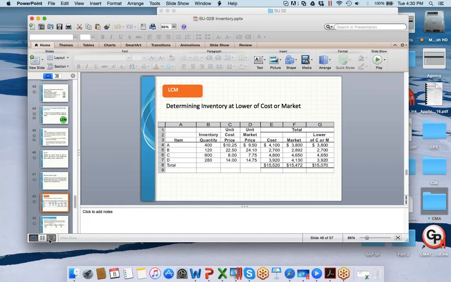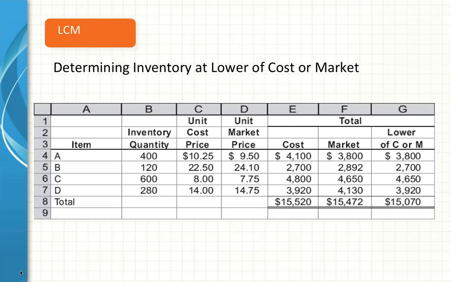Now, if you observe here, my cost price was 15,520. When I purchased, my cost price was 15,520. Whereas now the value I'm going to take in my financial statement is 15,070. See the difference between these two.